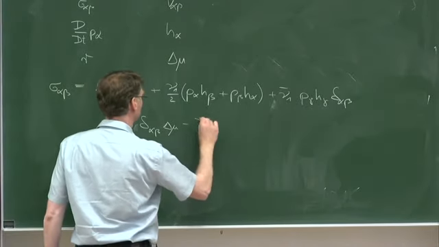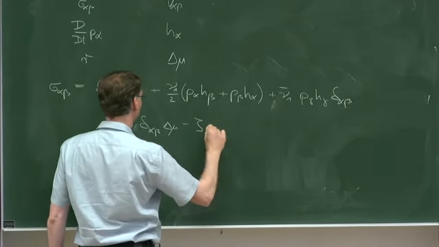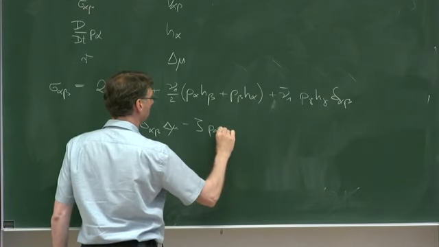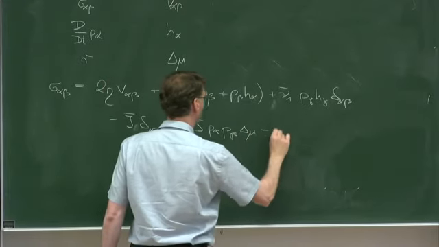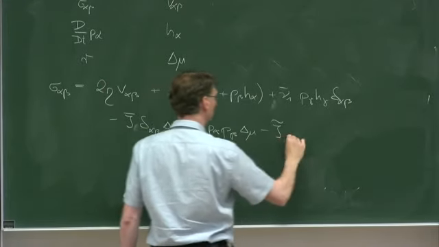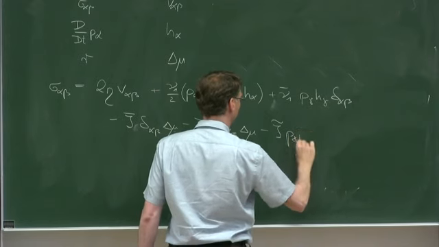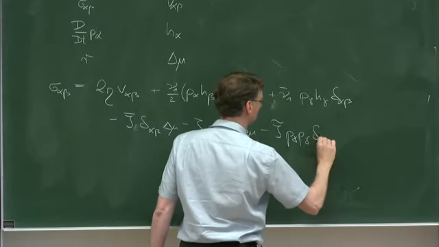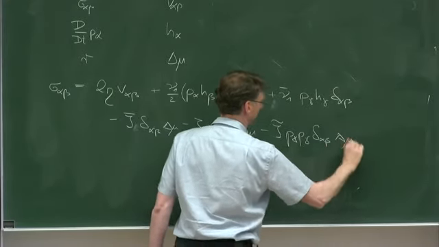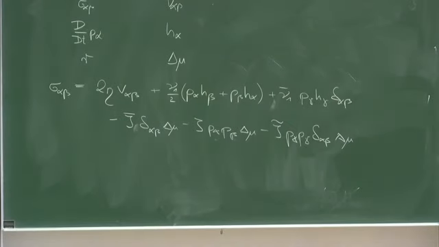So I have a minus, let's say, zeta p alpha p beta delta mu, and a minus c tilde p gamma, because I want to be at the same order here, right? Delta alpha beta delta mu. So those are the terms that are allowed by symmetry to lowest order in the quantities.